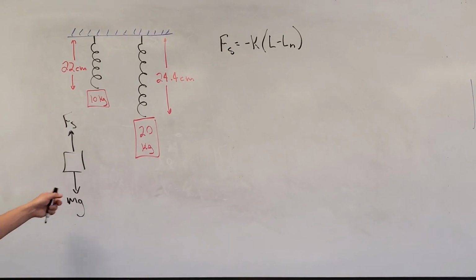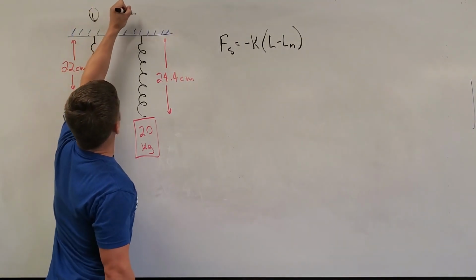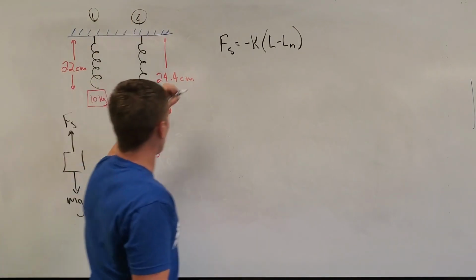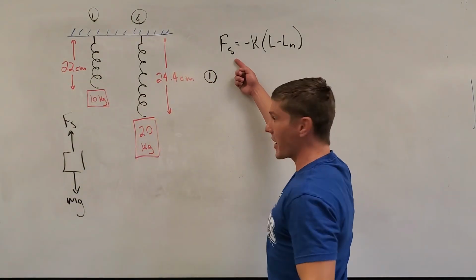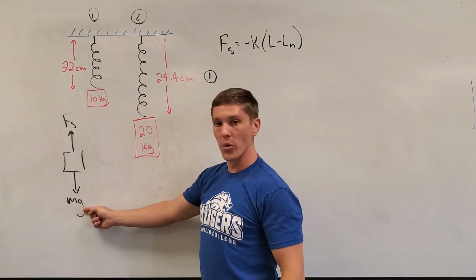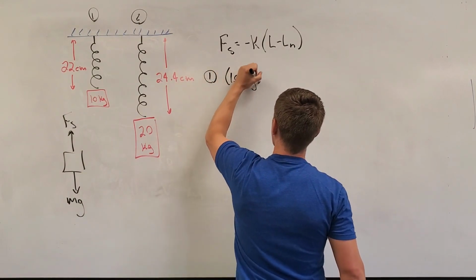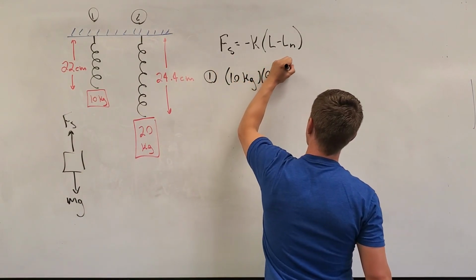Okay, so we're going to call this case 1 and case 2. In case 1, our spring force is going to be equal to mg. So our spring force is going to be equal to 10 kilograms times 9.8 meters per second squared.